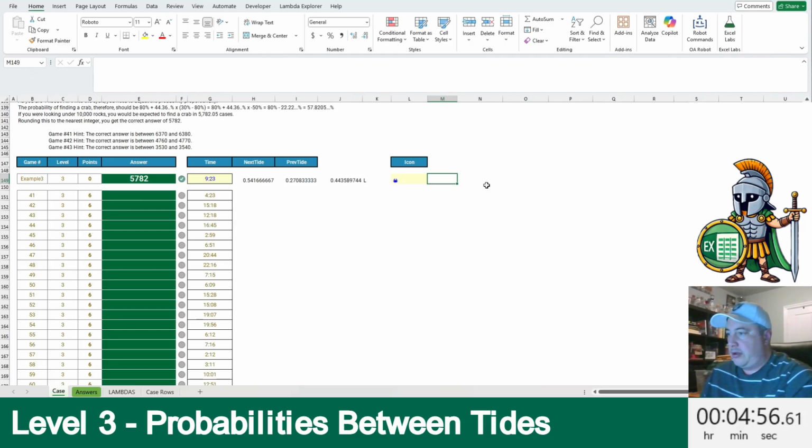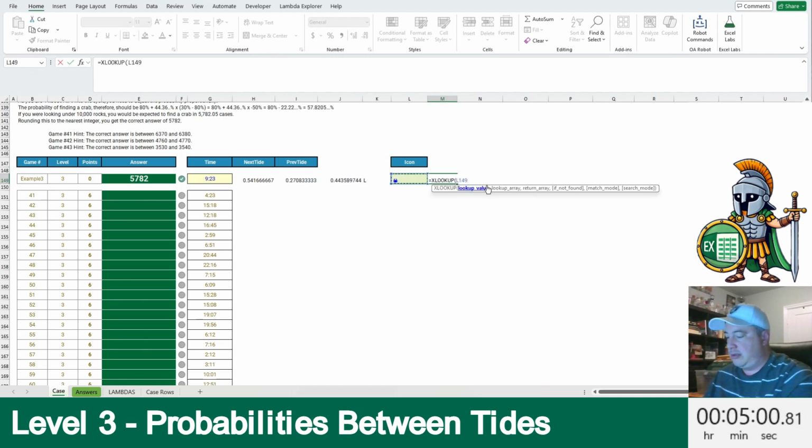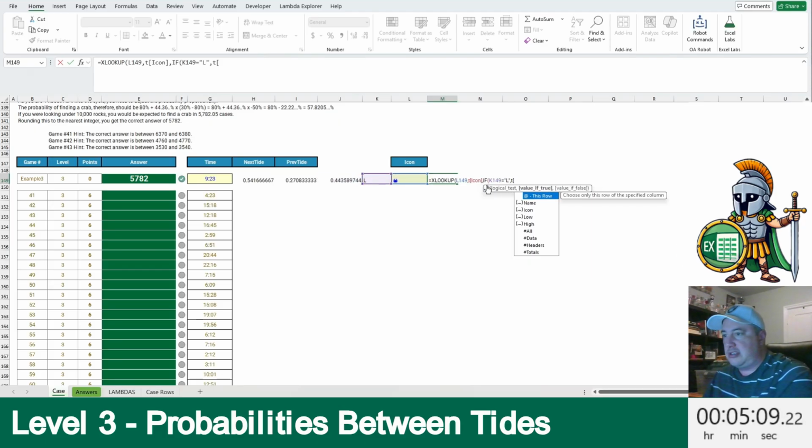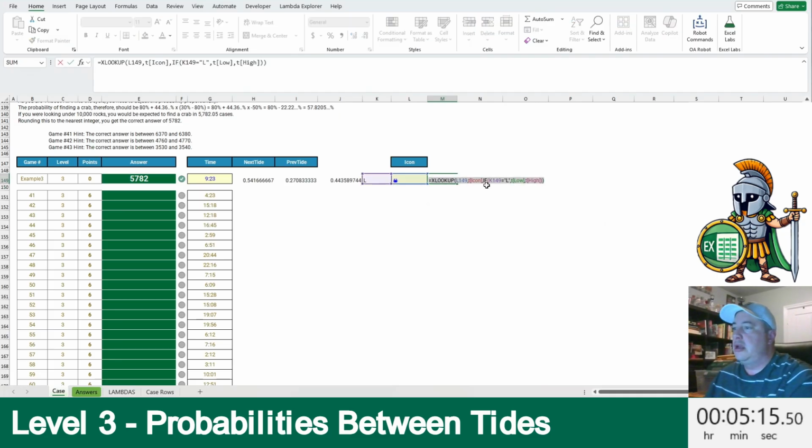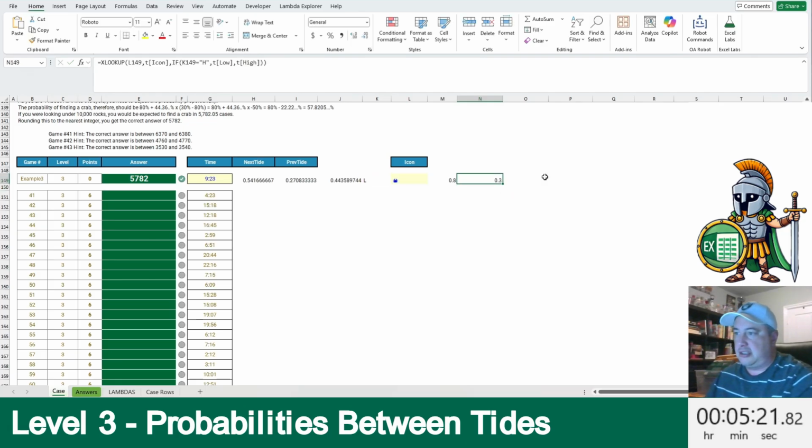Now, once we know that it's low, we can say xlookup the animal icon, and then we want to say if that equals low, then return t low, otherwise t high. And then we're going to do the same thing, just swapping this L and H, because the next tide comes, it's the opposite column.